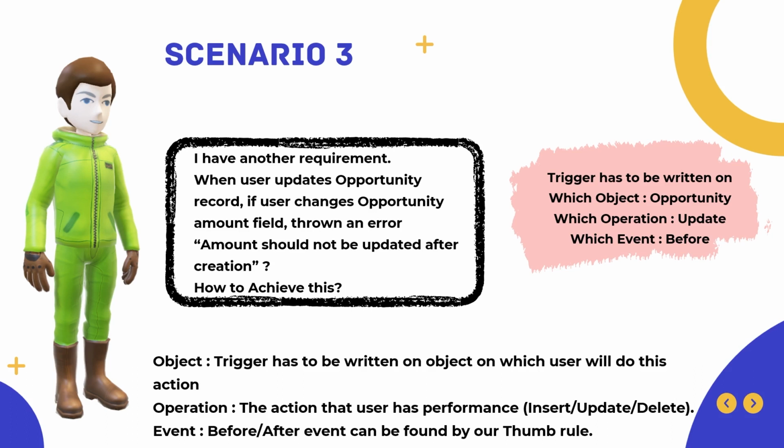These things we can achieve through validation rules also, but at the same time we need to understand that if we get this kind of scenario we have to do it from triggers. So for that we have to use a trigger like that.